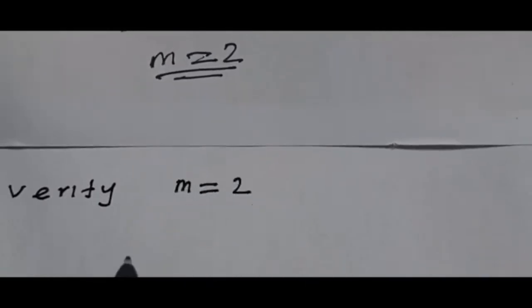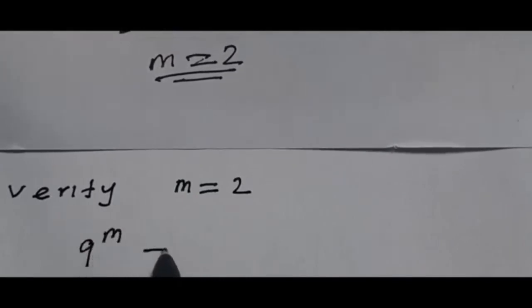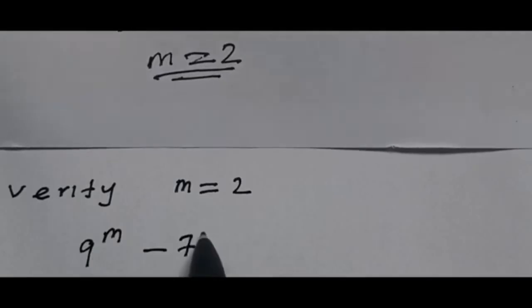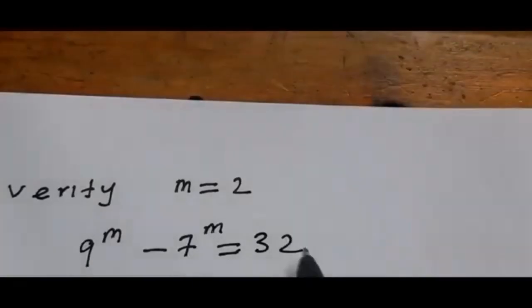Verify. Let us verify if it's true that m equals 2. Substitute the value of m in the equation, which is 9 raised to power m minus 7 raised to power m equals 32.